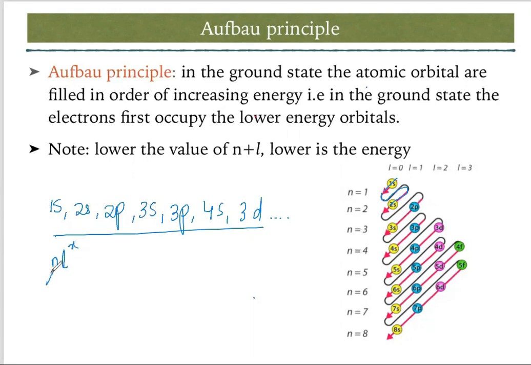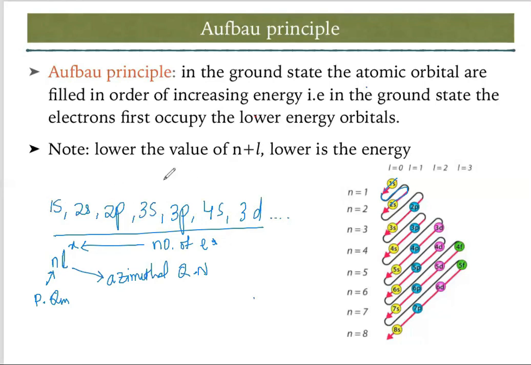Here n represents the shell number, or you can say the principal quantum number. l represents the azimuthal quantum number, and x represents the number of electrons. Now you see that if you apply the n plus l rule, here n is 1 for s.